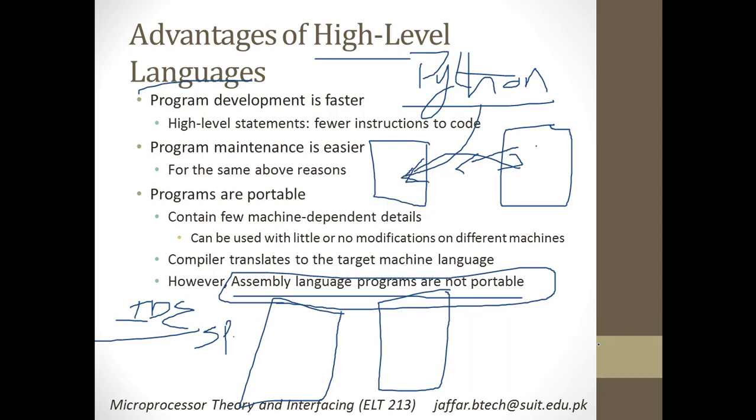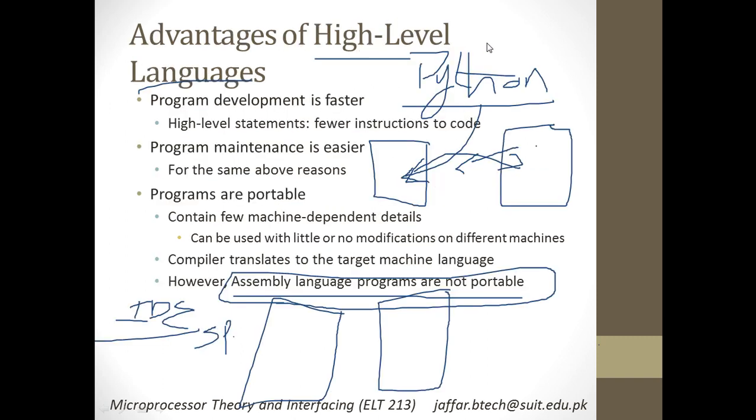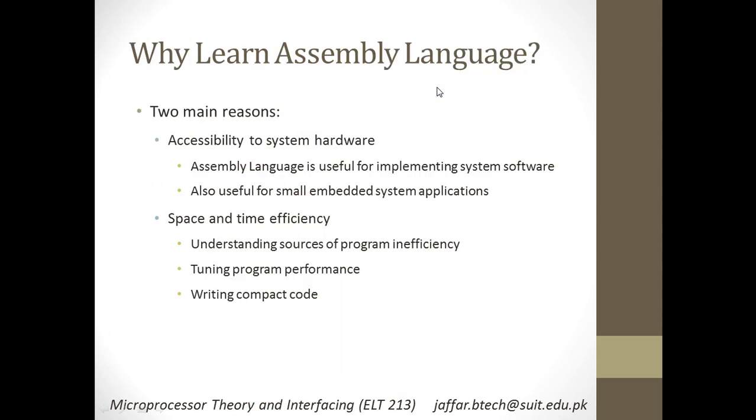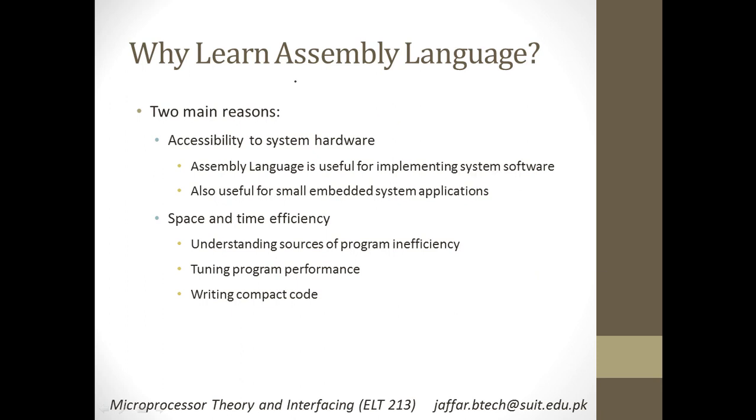So let's move further. Why do we need to learn assembly language programming if you are given the option of using higher level programming, which is much faster and easier to use? Why would one want to learn assembly language programming? There are mainly two reasons, which are also focused on in terms of your education.